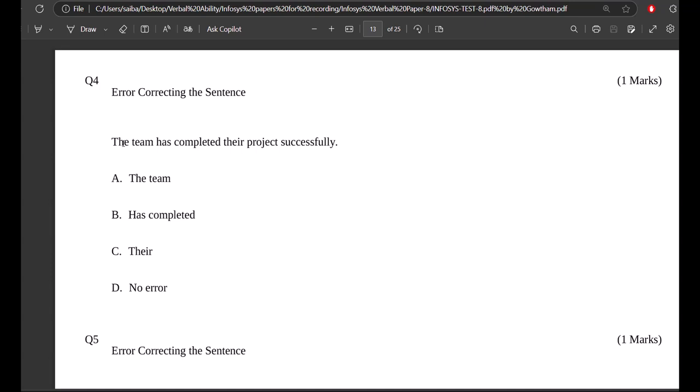Which part of the sentence has the error? The team has completed the project successfully.